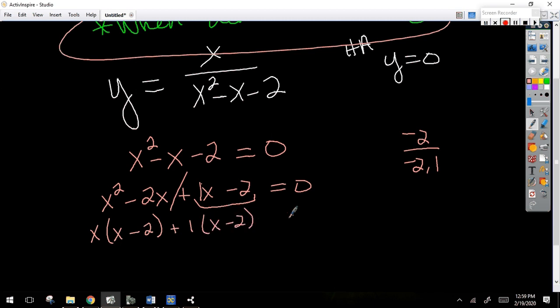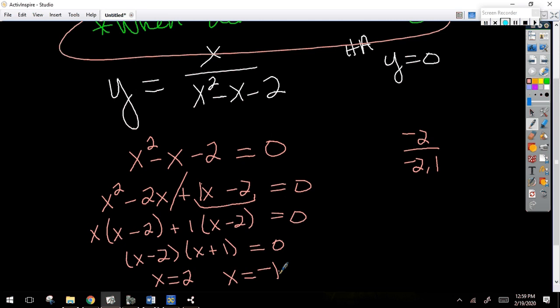So what does this look like factored? Order doesn't matter. Now, can you tell me what the zeros are? -1 and 2, because if I solve them each, I would have 2 and -1.